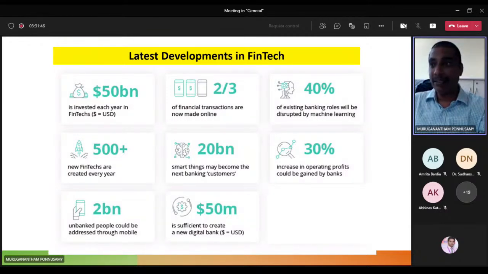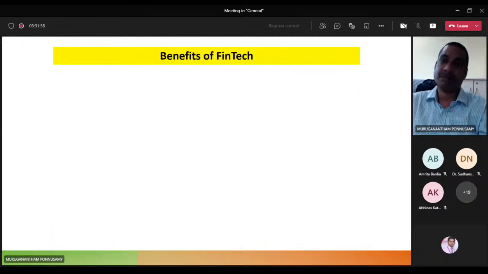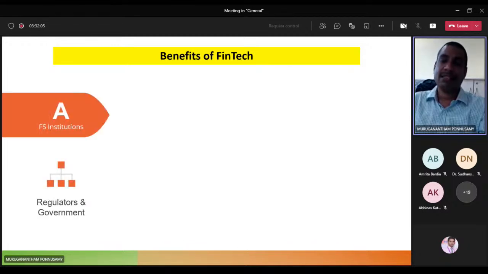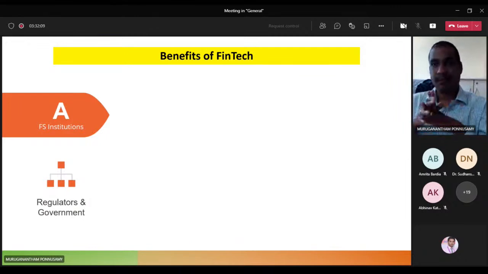This is the reason we are all thinking about jumping into FinTech research, specifically in the management sector, so that the banks will have several benefits.